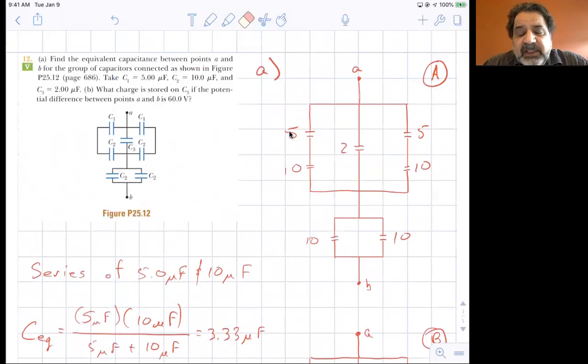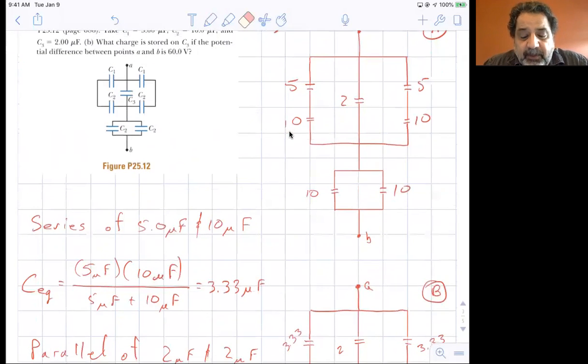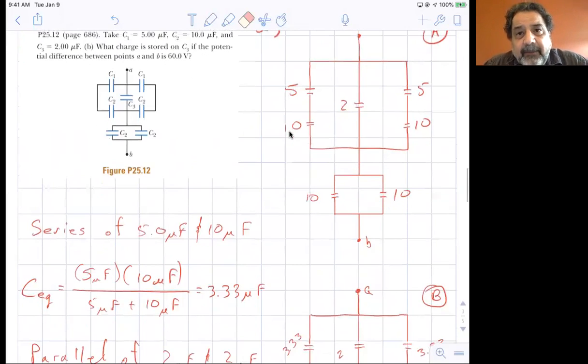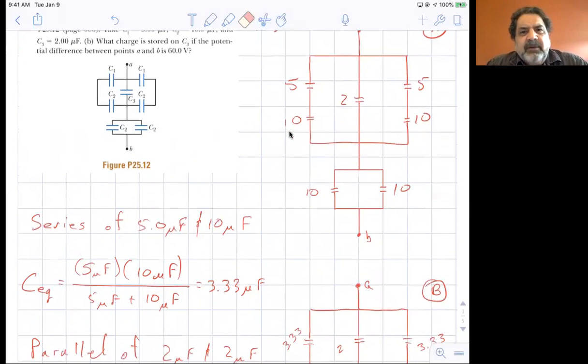So here, the least value is 5 in this series. And so the 3.3 microfarads is less than 5, and we know we've done it correctly. If you would have ended up with 7 or 12 or something like that, you know you did it wrong, because the equivalent capacitance has to be less than the least capacitor in the series.